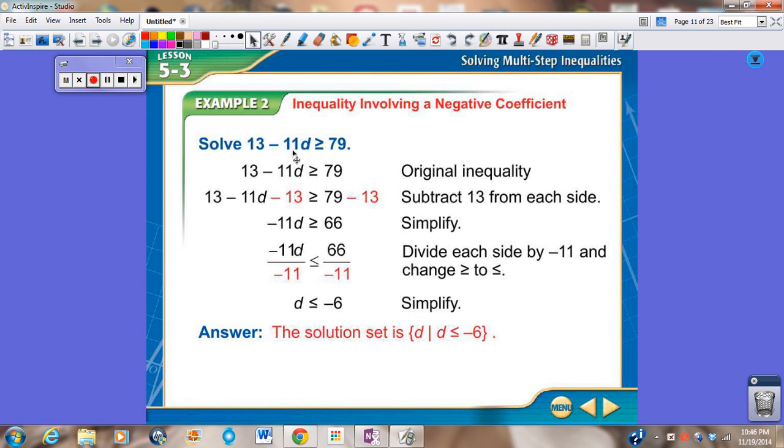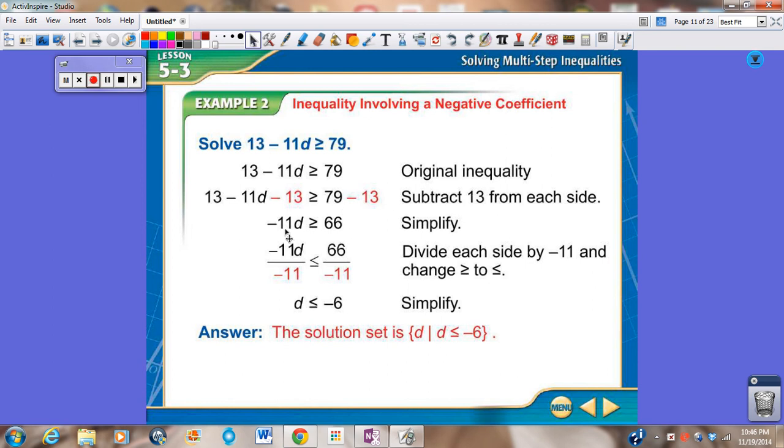For those of you who asked, you actually get to see how that works. So you have 13 minus 11d is greater than or equal to 79. You want to get rid of anything that's added or subtracted to the variable first. That's why they're subtracting 13, because 13 minus 13 goes to 0. And then you're going to do 79 minus 13.